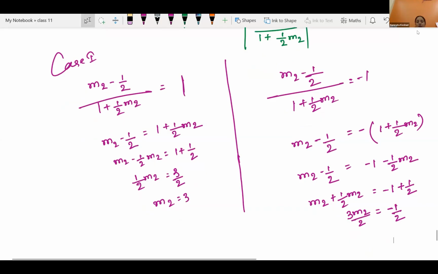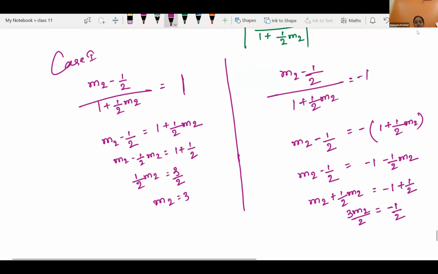From here m2 will be minus 1 by 3. Please check it. Are you getting the same? I am just solving the equation. Is it making sense?